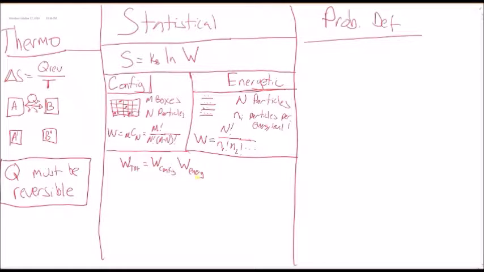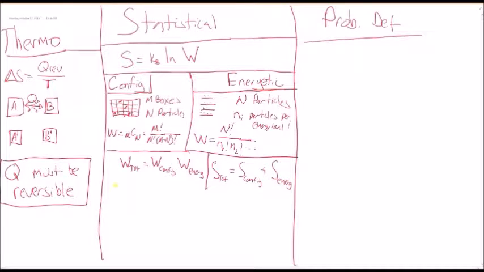Now, because the statistical entropy is a logarithmic relation to the multiplicity, we know that if the total multiplicity is the product of the configurational and energetic multiplicity, the total entropy then is the sum of the configurational entropy and the energetic entropy.